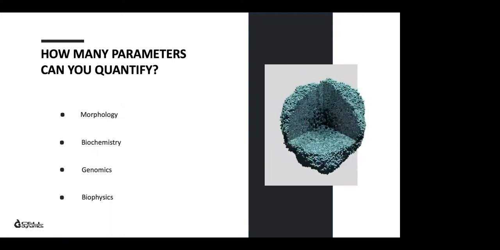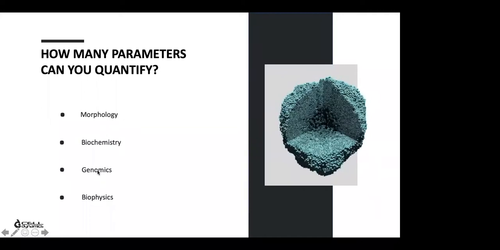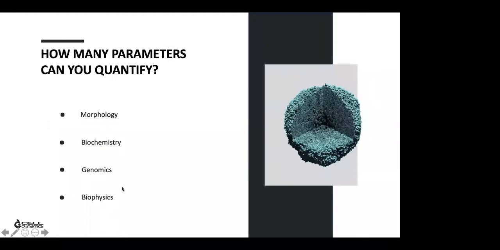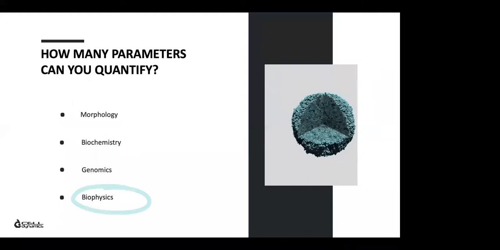We can also quantify the expression profile with different methods. We can extract the DNA and run NGS analysis. But so far, there isn't a rapid and easy way to measure the physical parameters out of your 3D cell culture. And our system is going to answer this need.